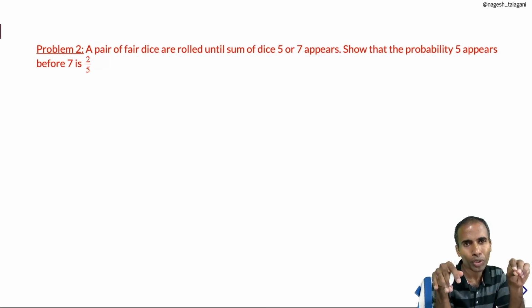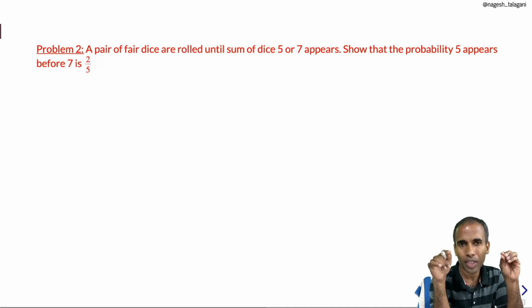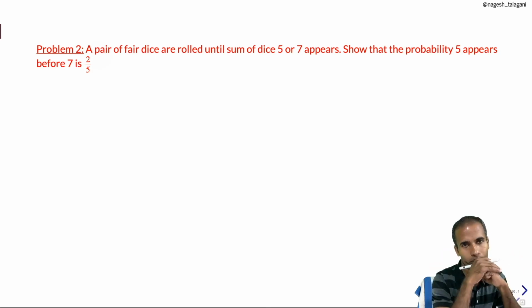So here we need to show that the probability of 5 appearing before 7 is 2 by 5. Our experiment may terminate due to a sum of 5 or a sum of 7. Here we need to show that the probability of our experiment terminating due to sum 5 is 2 by 5.